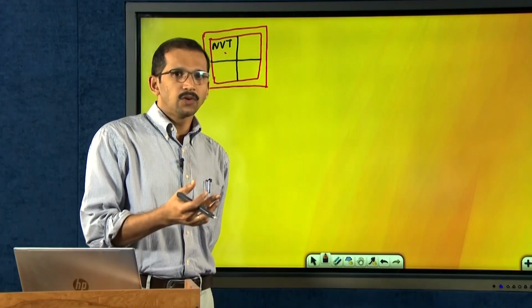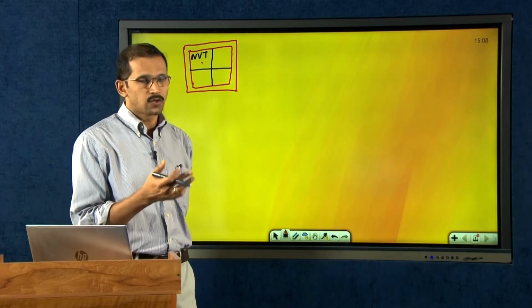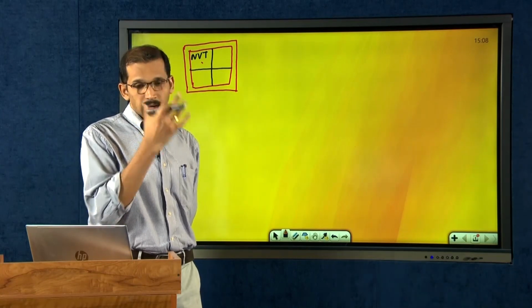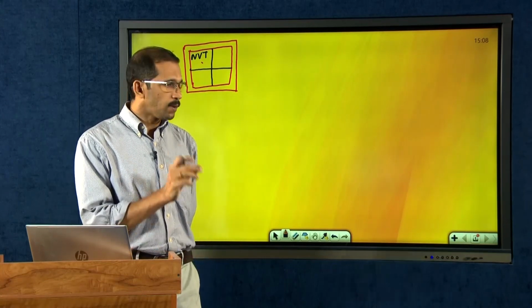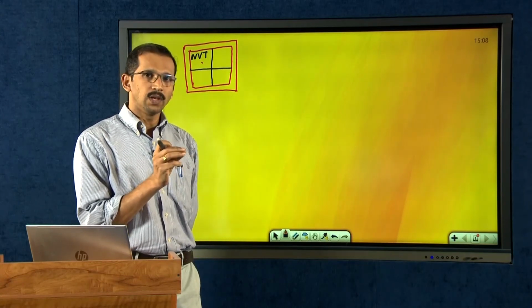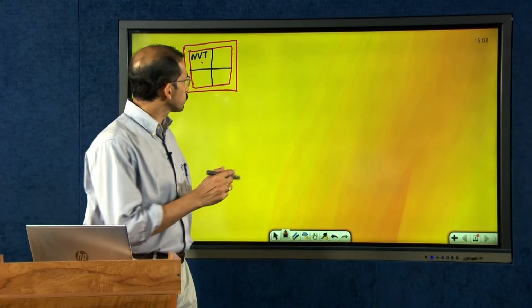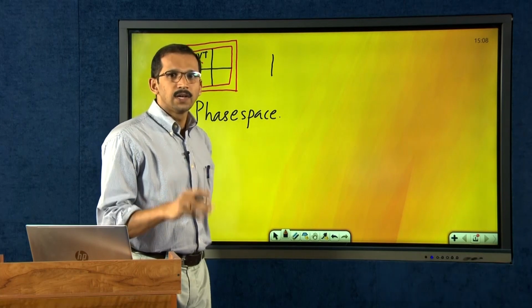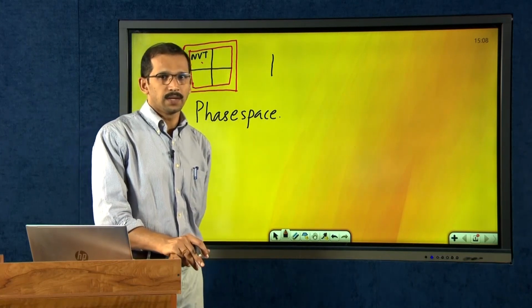Now, we need to get ourselves into this classical route of solving statistical mechanics and its development. So, one of the platforms we need to utilize is the platform of phase space. You must have learnt the phase space already in your classes on classical mechanics.